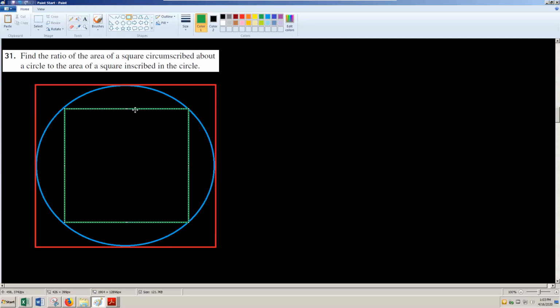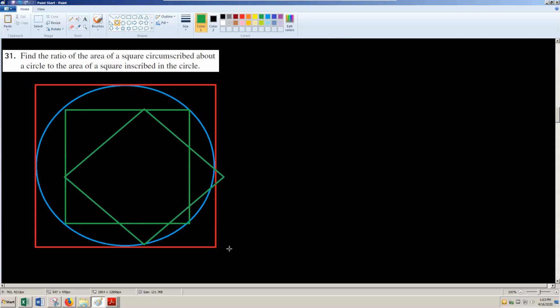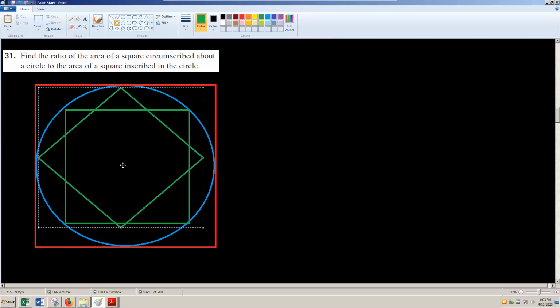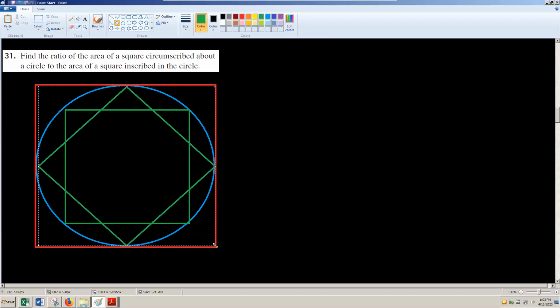There's a couple ways of drawing this. I'm going to draw one more version of the square, which is going to look like this. And it doesn't matter which version you use. So just keep in mind that I've only got one green square. I'm just drawing it in 2 different orientations.